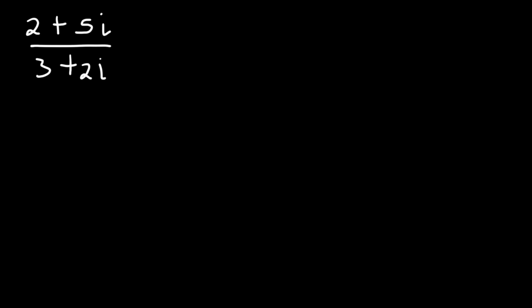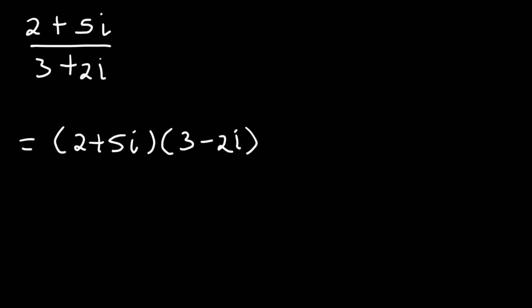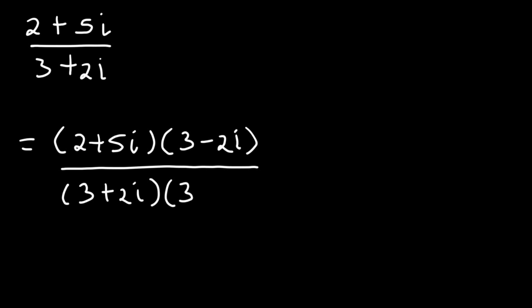The denominator is 3 plus 2i. And so the conjugate will be 3 minus 2i. So we shall have 2 plus 5i and then multiplied by 3 minus 2i. And this will be divided by 3 plus 2i times 3 minus 2i.